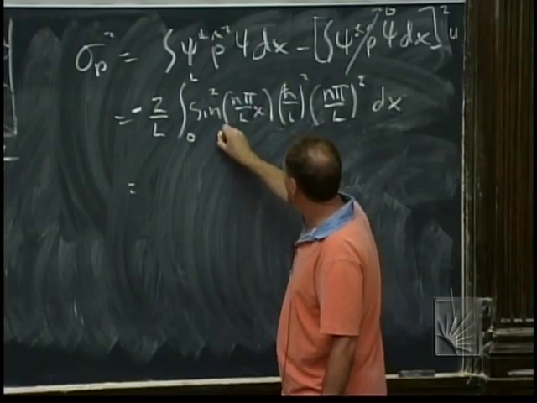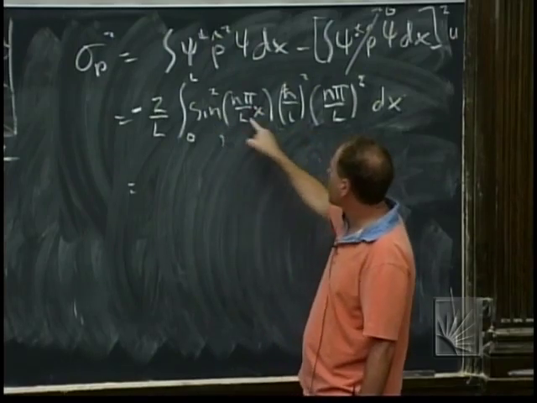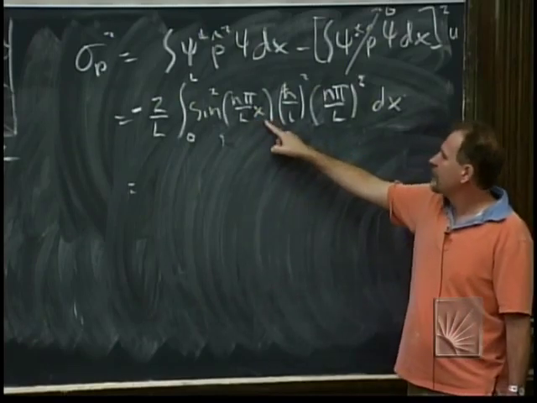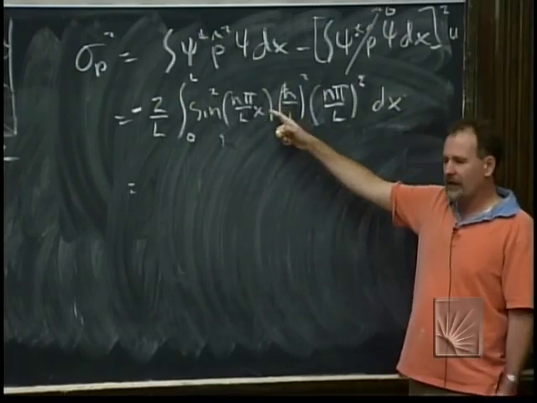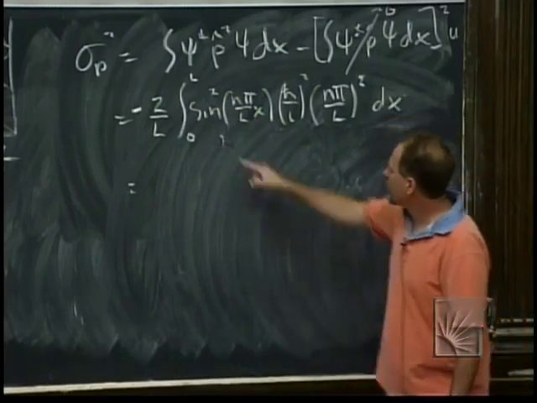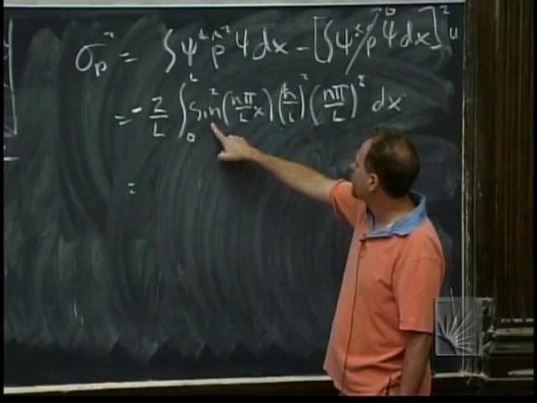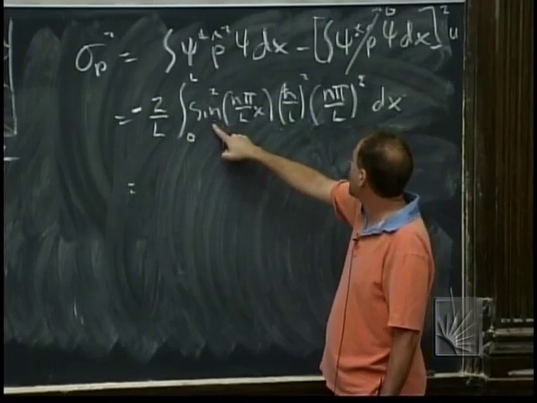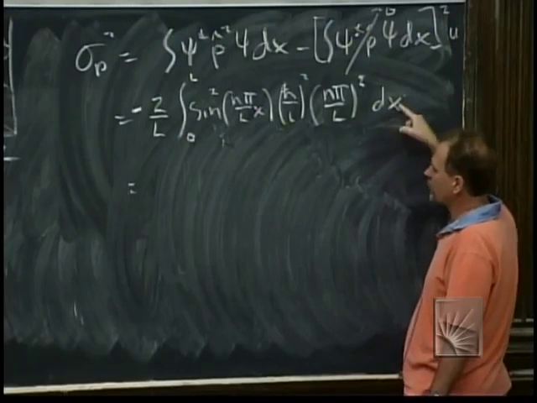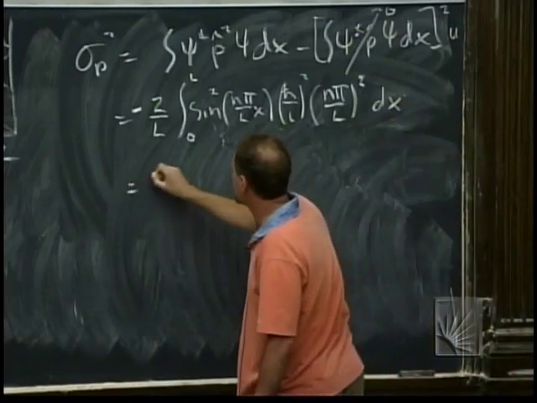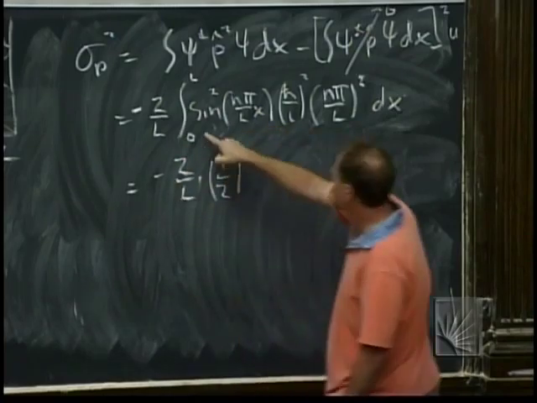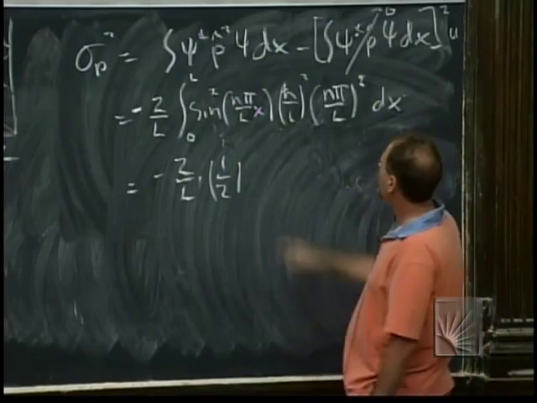Once again, sine squared is 1/2 of 1 minus cosine of 2 n pi over L x. If I integrate that cosine, not only is it the same on both ends, it's a sine and it's 0. So this part, I only have to worry about the 1/2, the 1/2 times dx just becomes an integral from 0 to L. So all of this is minus 2 over L times 1/2 L. That's the result of doing this integral.